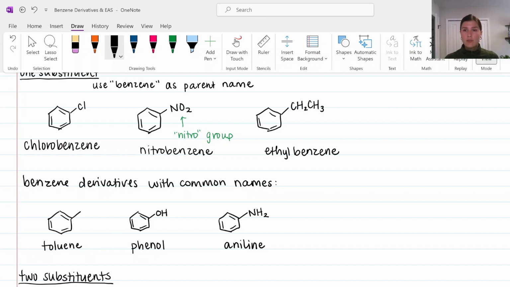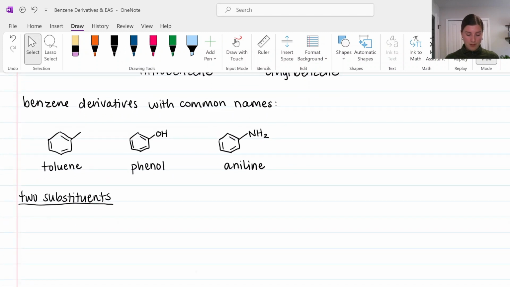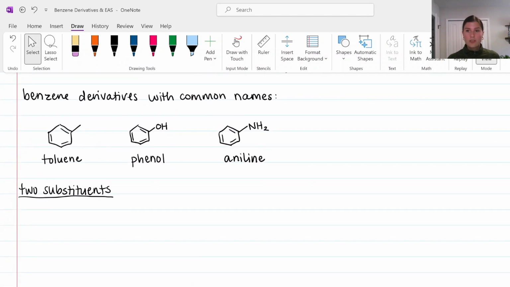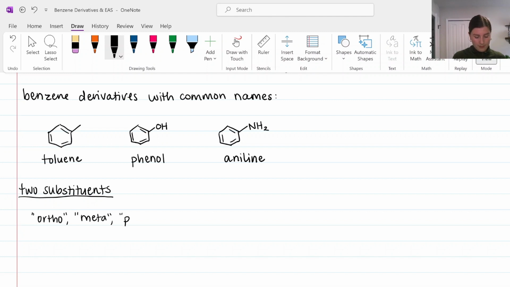When we have two substituents on benzene, we use words to describe the relationship of the two substituents as far as where they are positioned around the ring. So there are three prefixes that we'll use: ortho, meta, and para.